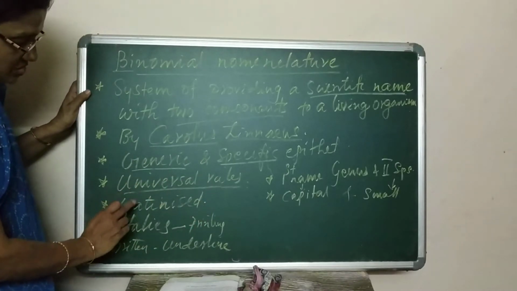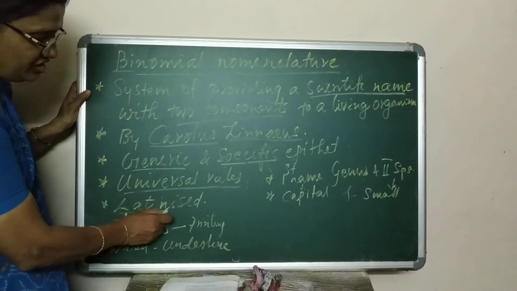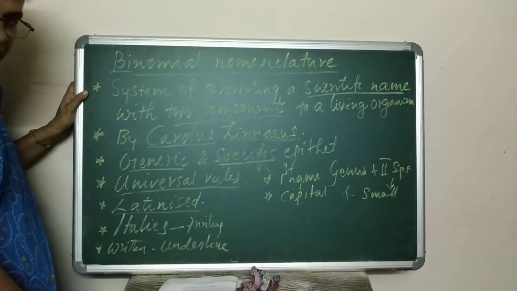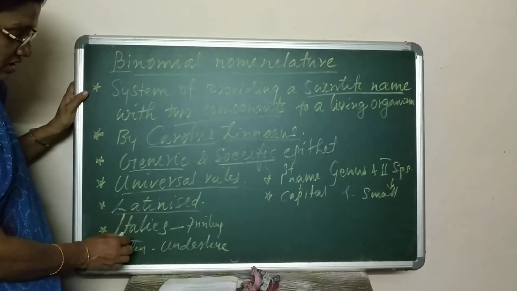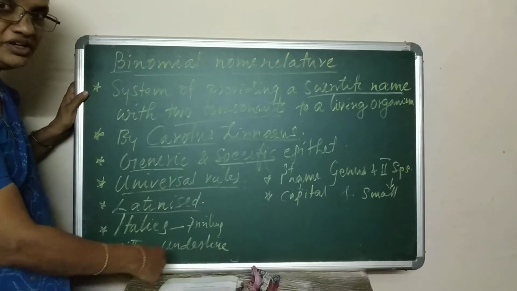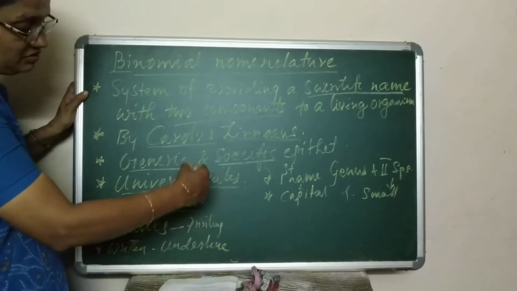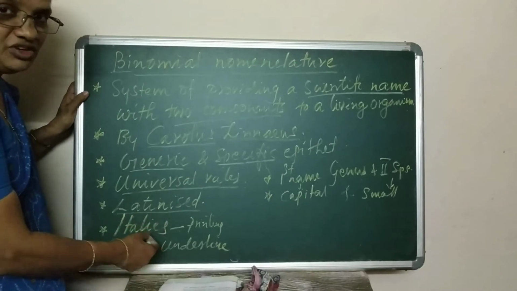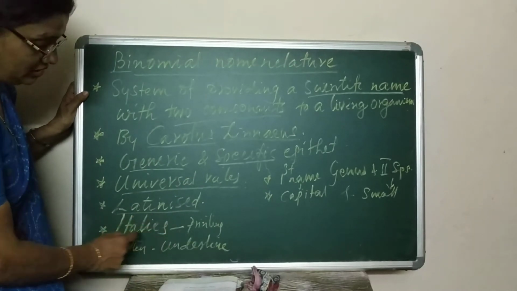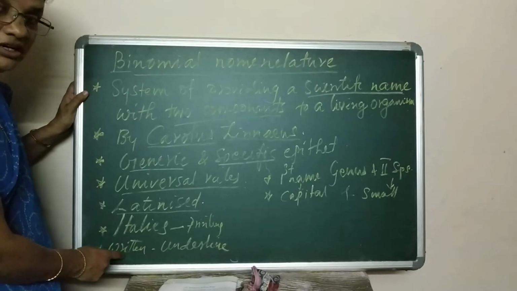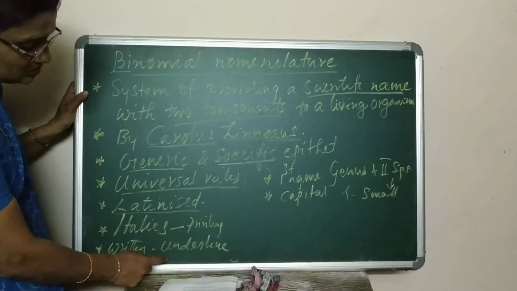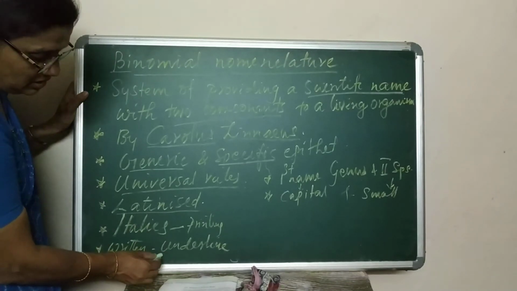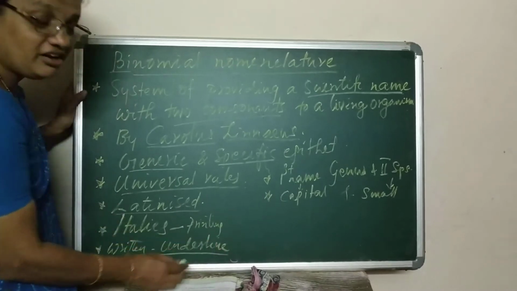So the first rule is that all scientific names are Latinized, and they are written in italics when we print them. Only at that time do we use italics.